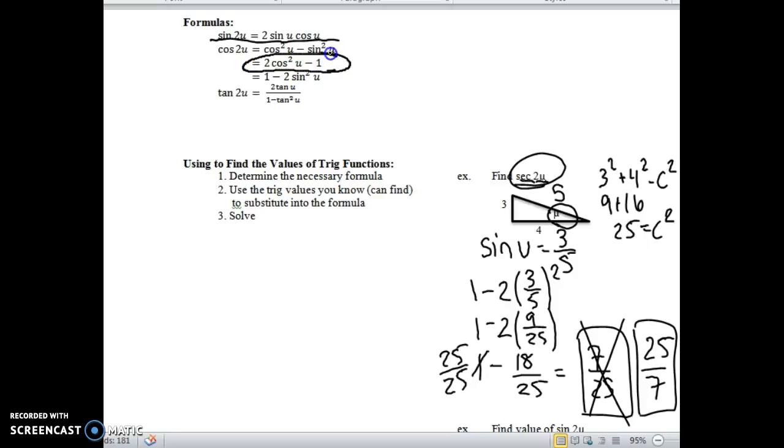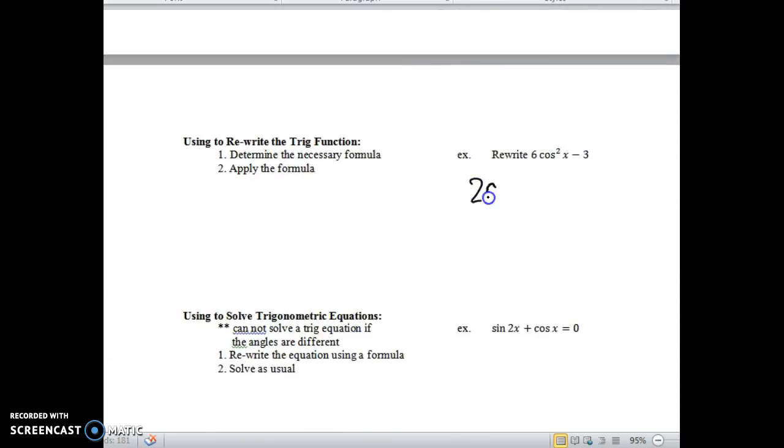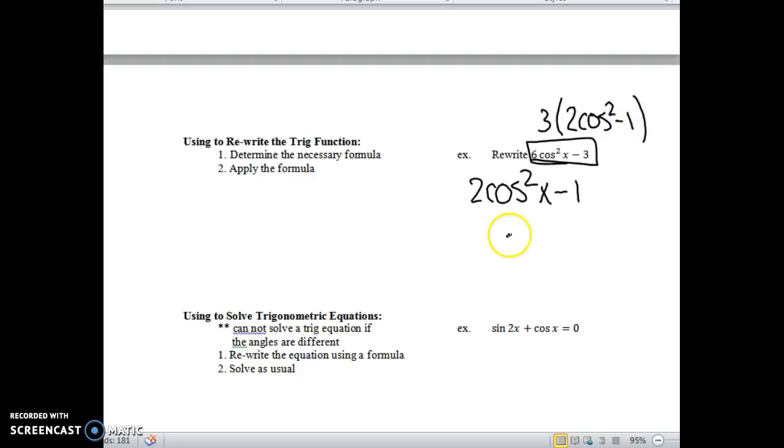It looks like this one, 2 cosine squared x minus 1. Well, it happens to be triple that value, because if you factor out a 3, you get 2 cosine squared x minus 1. So I would rewrite this as 3 cosine 2x.